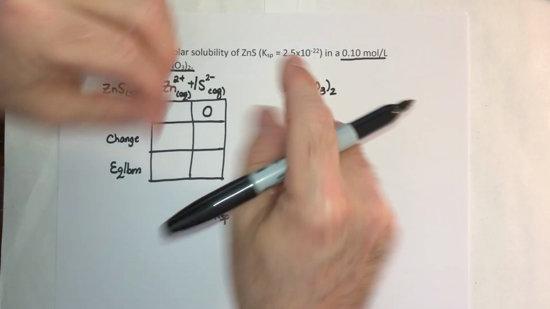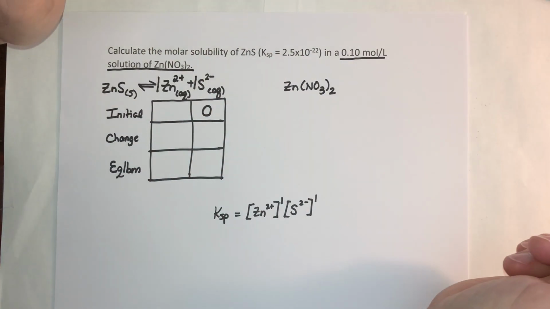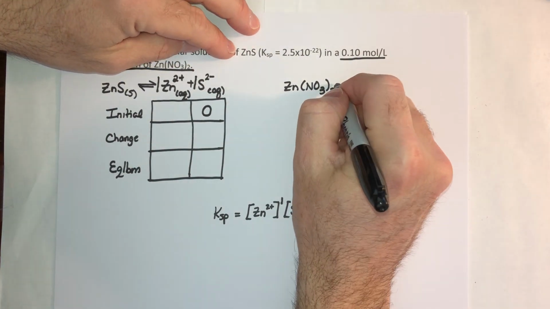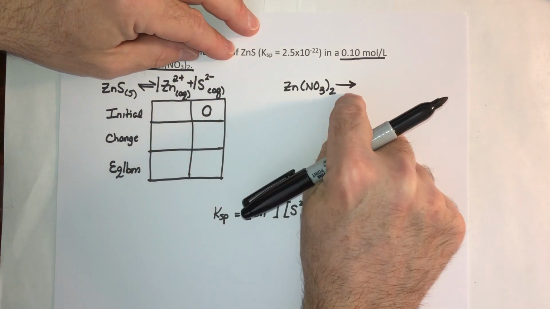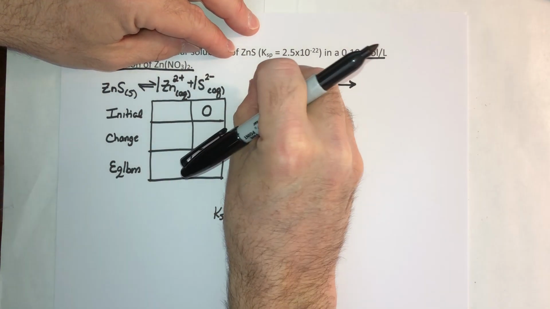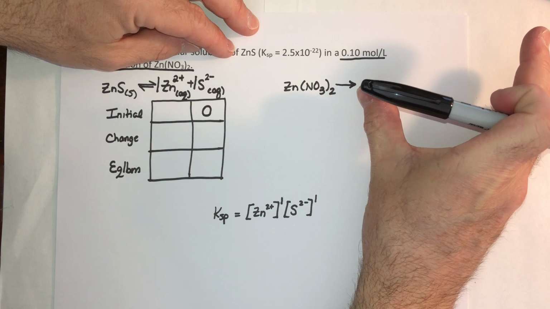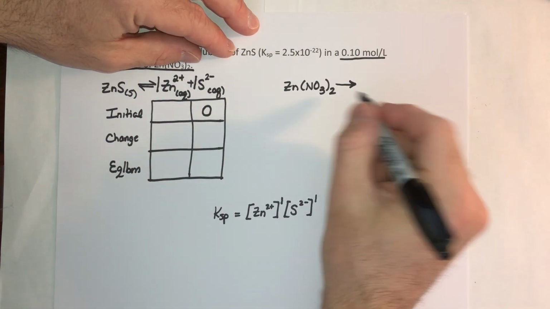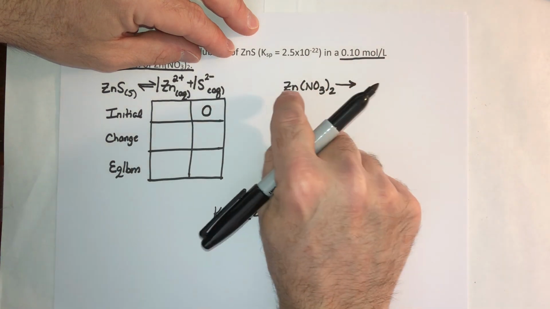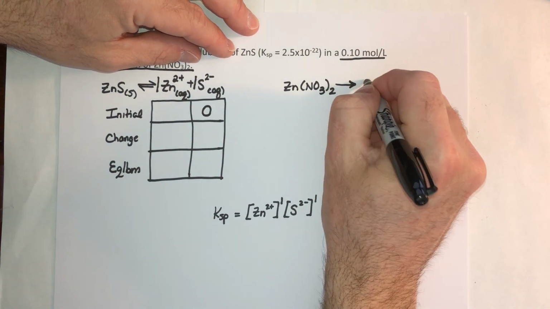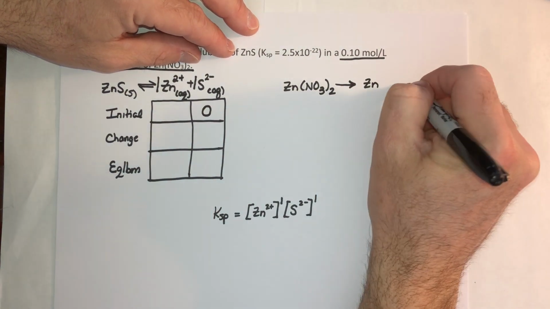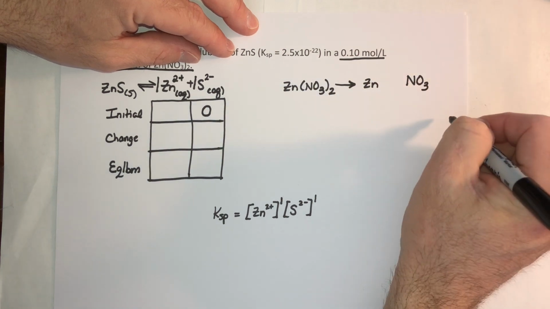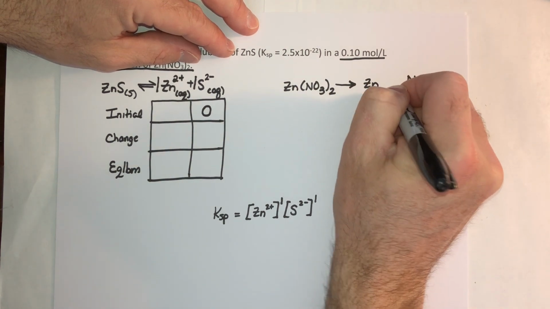You put it in water and it will 100% break up. So I don't use an equilibrium arrow, I use just a regular arrow, because this stuff is going to break up 100% and none of it is ever coming back together. So again, if we break it up into its ions, it's zincs and nitrates. So you will get zincs and you will get nitrates. Once they broke up, they're both aqueous.